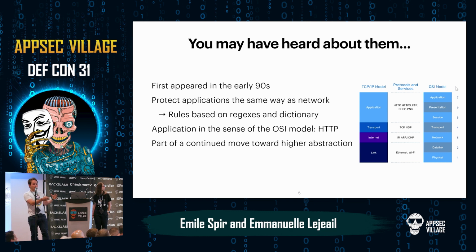So the idea was, let's take them and bring them to the application layer. And instead of running on specific rules like this IP, this port, it was more, let's run regexes or dictionaries to find suspicious patterns. And if you find them in an incoming request, that's probably because it's bad. And that's pretty much it.